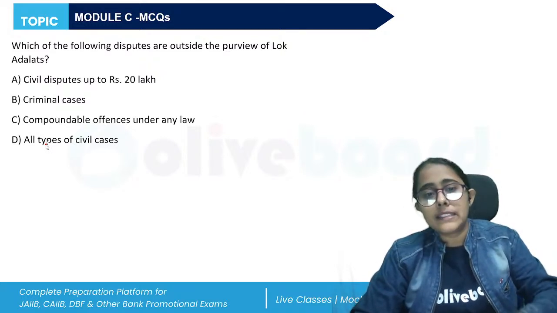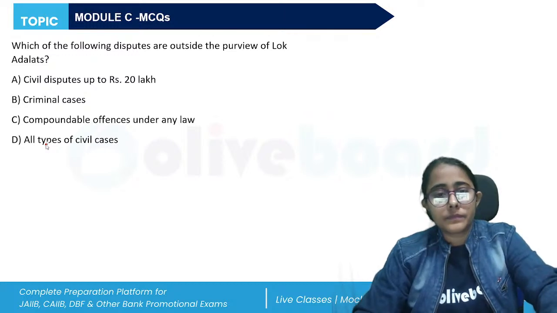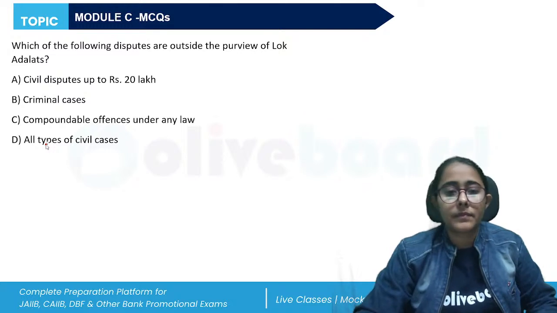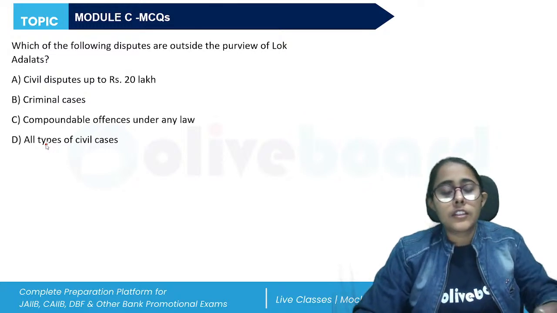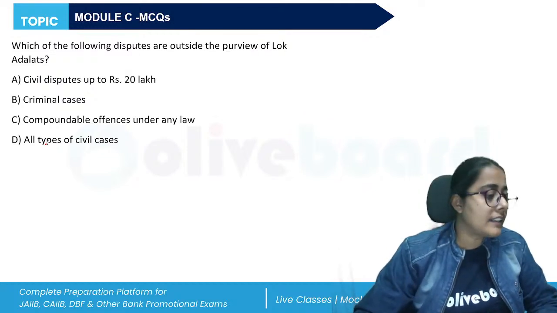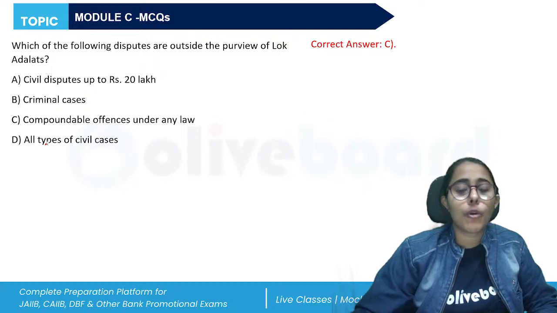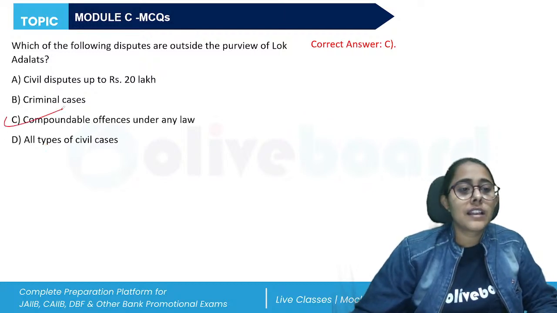So A, B, C or D. Which of the following are correct regarding the Lok Adalats? The correct answer is that compoundable offences under any law are not in the purview of the Lok Adalat. So option C is correct.